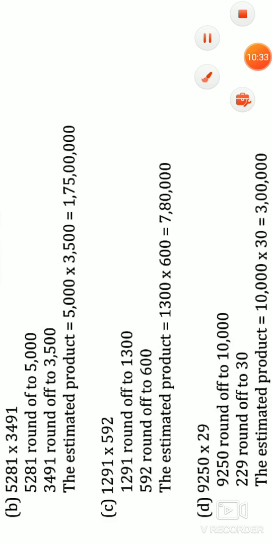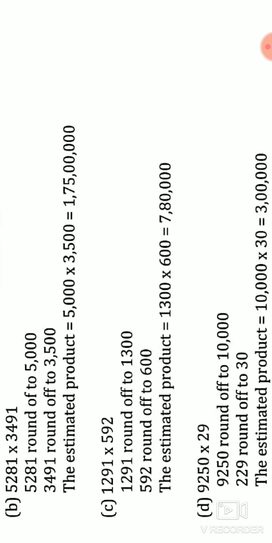Take the next problem, that is D. 9,250 into 29. First you have to round off 9,250 and 29.